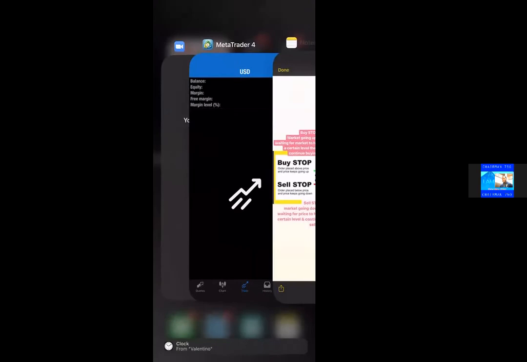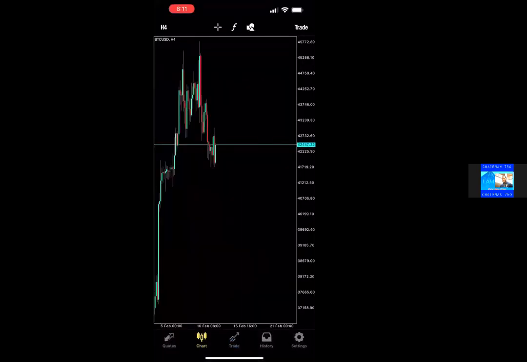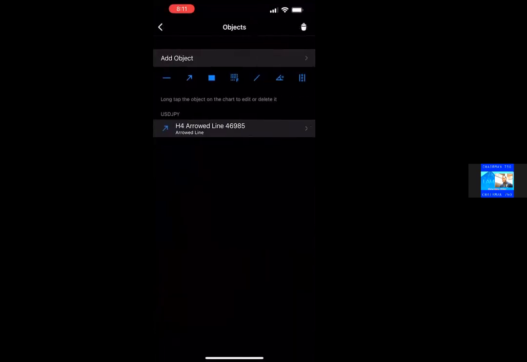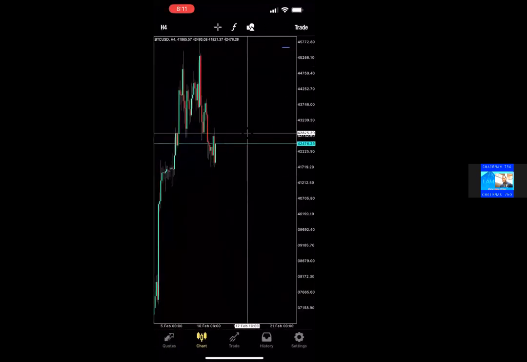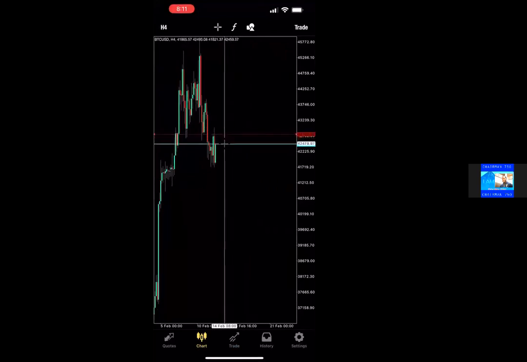Okay, so what does that look like? Well, let's say that I want to enter into the market, but I don't want to enter into the market unless it gets right here. Once the market actually gets here, now I'm going to be entered into the market. Okay, that's a buy stop.